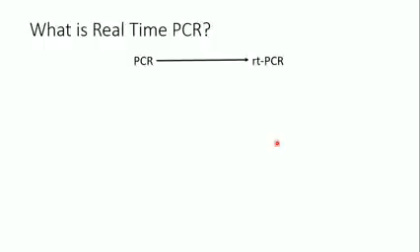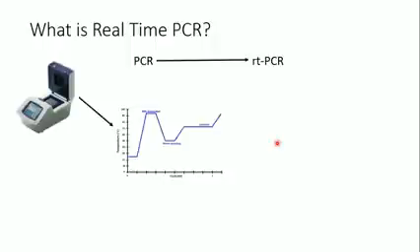So what's the difference? As I told you in the previous video, PCR is a thermocycler. It performs a thermocycle by heating up and cooling down the temperature in 3 steps, which are the DNA denaturation, then primers annealing, and then the DNA extension, and these 3 steps represent one PCR cycle.